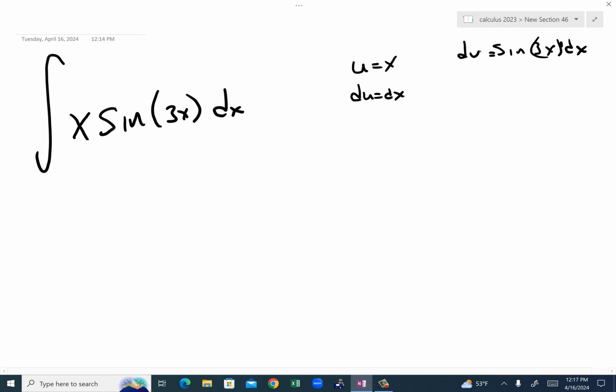From whence did sine come from? Well, it came from negative cosine, yes? I can do this in my head, or I can actually write it out. It's going to be negative 1/3 cosine of 3x. And if you need to take the time off to the side somewhere to do substitution, go right ahead. If you can do it in your head, that's cool too. Okay. Keep going.